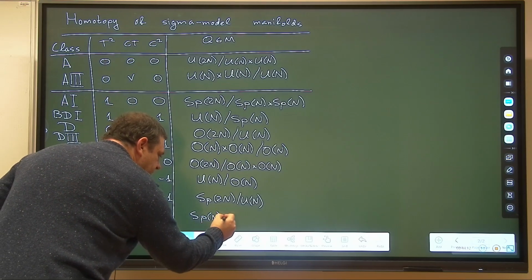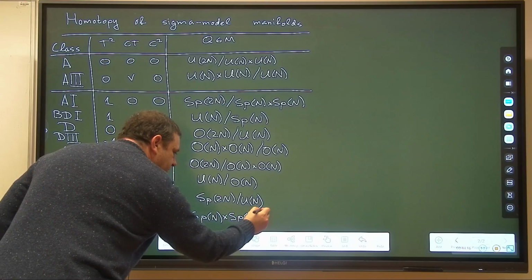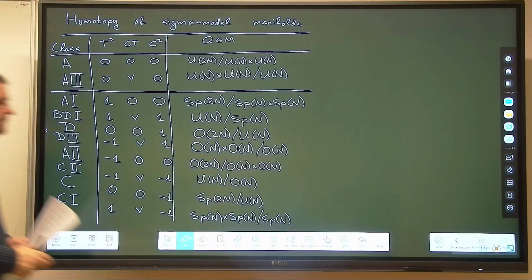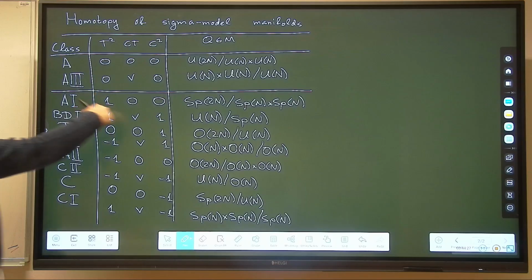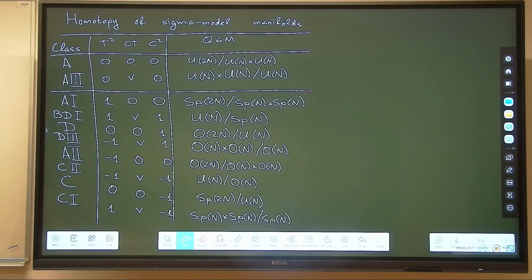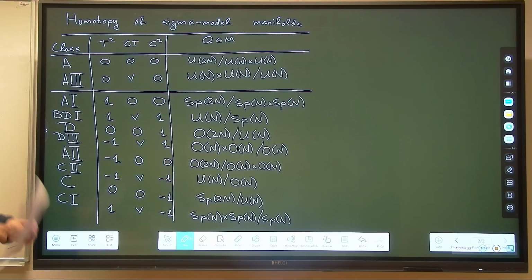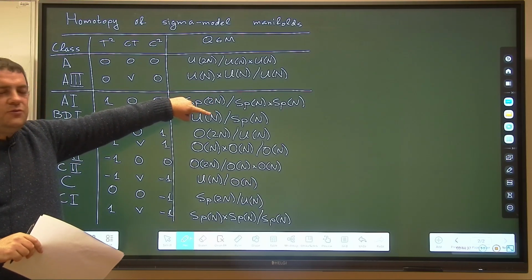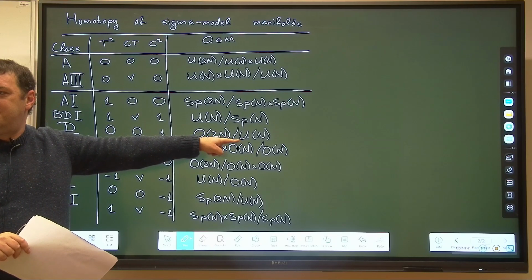Which, as I already did, I multiply by Sp(n), since it's a single group, and divide. So once again, we have these 8 classes in a particular order, such that we have this nice snake. And also, if you look at these spaces, they are also in a particular order, namely, whatever stays in the numerator in one line goes to the denominator in the next line.